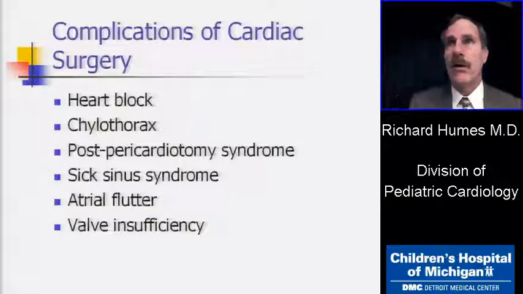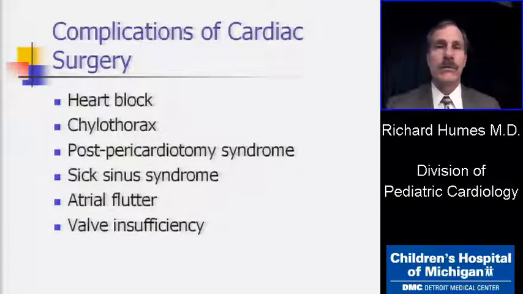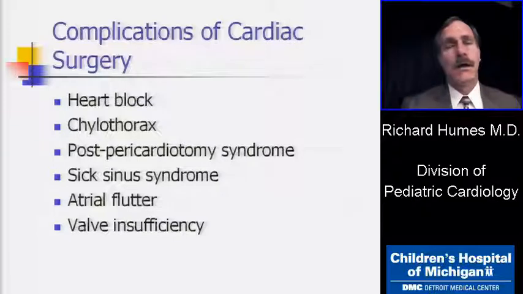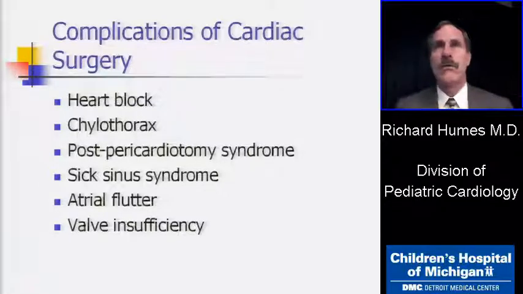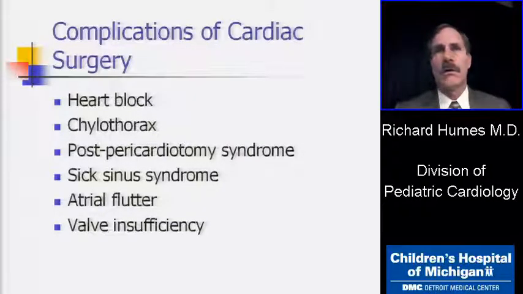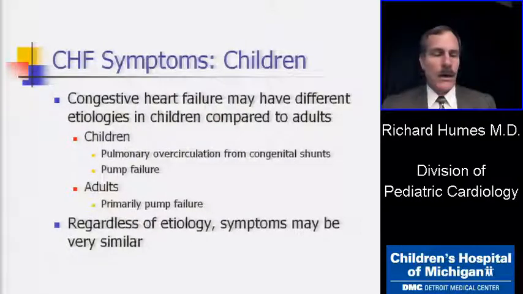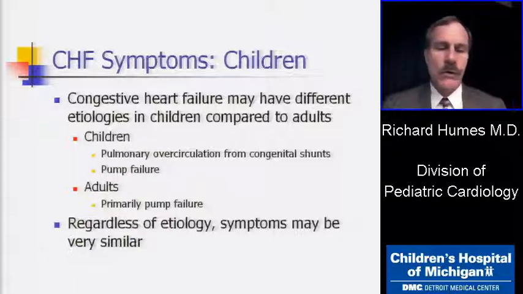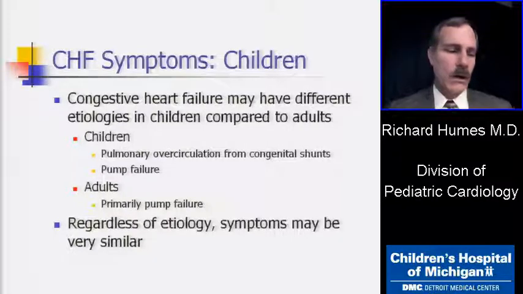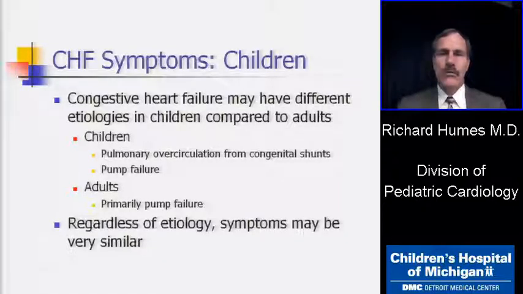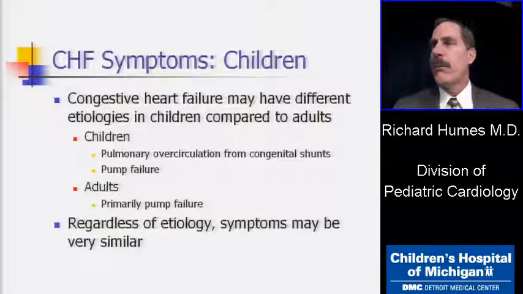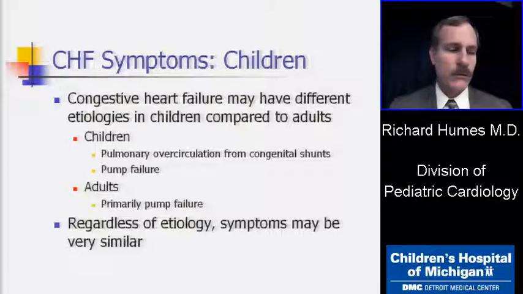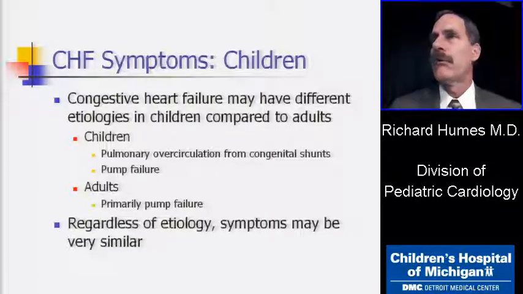Valvular insufficiency may also be a part of certain types of heart disease, and one should be aware of that. The complications or the implications of valvular problems depend a great deal on which valve is involved. Congestive heart failure in children is defined a little differently than we see in adults. Children will present more commonly with congestive heart failure due to their congenital heart disease from a left to right shunt.